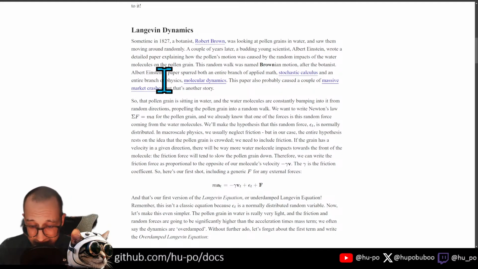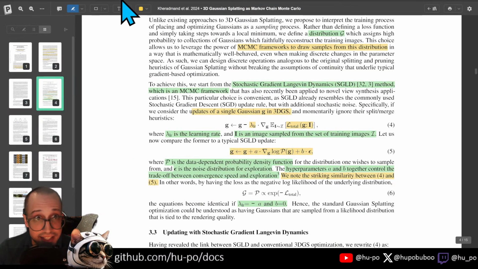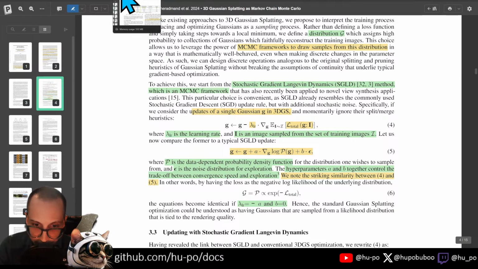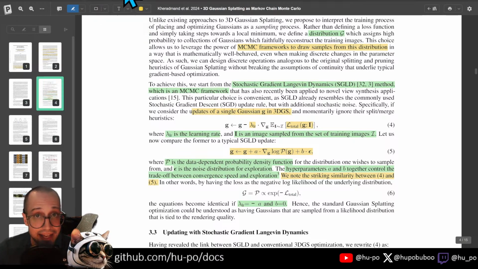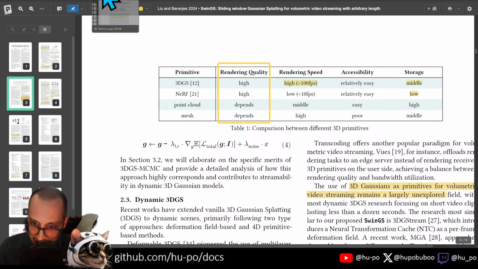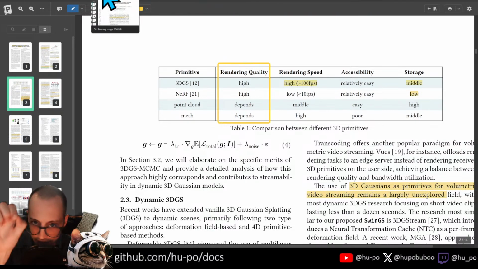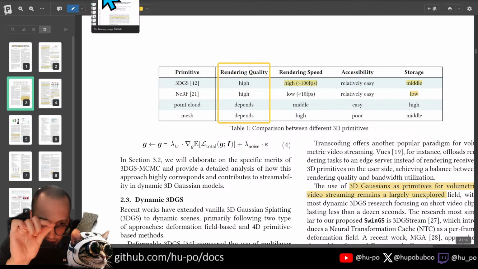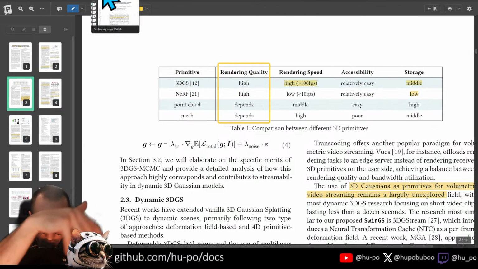But yes, there does seem to be a similarity between moving little particles around in Gaussian splat space and being at some position in a noise distribution and then moving a little bit closer to the image distribution, which is ultimately what you're doing in a diffusion model, right? You're going from the noise distribution into the image distribution.